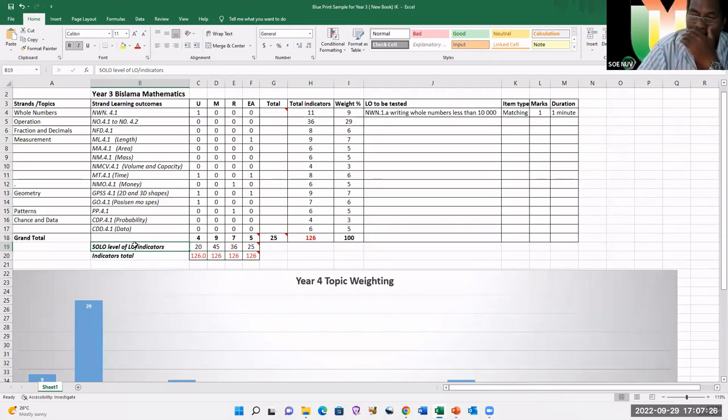So suppose you complete a book, then you take all the indicators. All these are counted from indicators. So indicators for numbers, indicators for operations. And this is the total, 126.